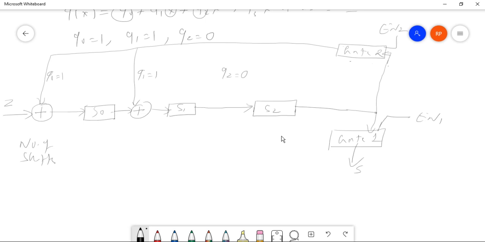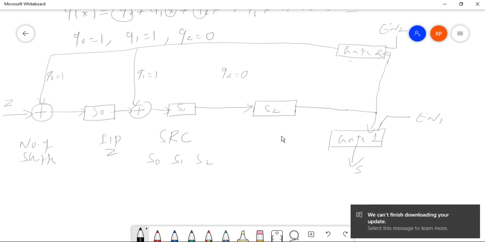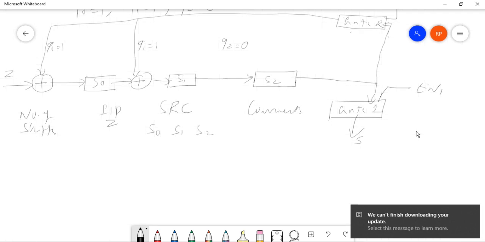The second one is input Z. The third one is shift register contents, SRC in short. The shift registers are named S0, S1 and S2 in this case, not R0, R1 and R2 as in the previous case. If you want, you can add certain comments here about what is happening, for better understanding. Okay. Now first the switch will be on gate 2. So here gate 2 will be on.